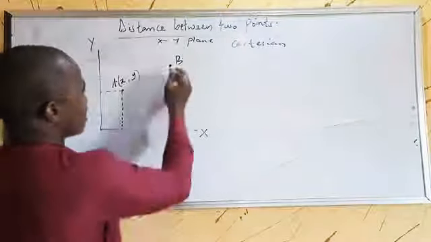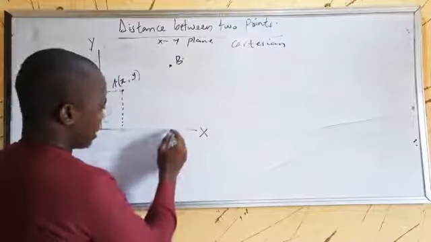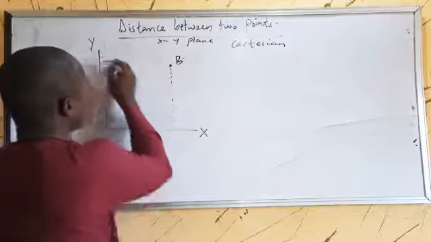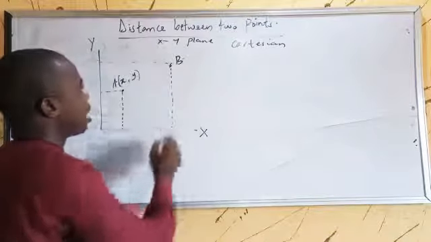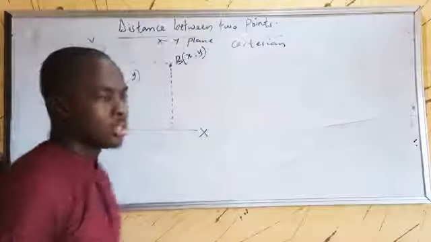Now also look at this one. This point is constituted by this value from X and this from Y. So this one also we have X, Y.